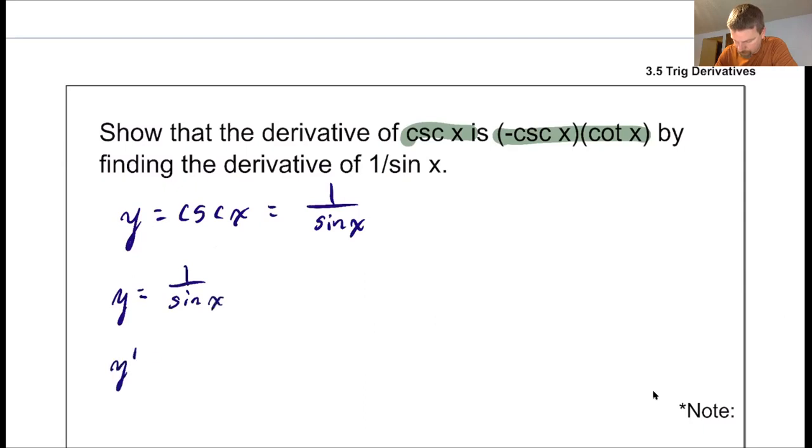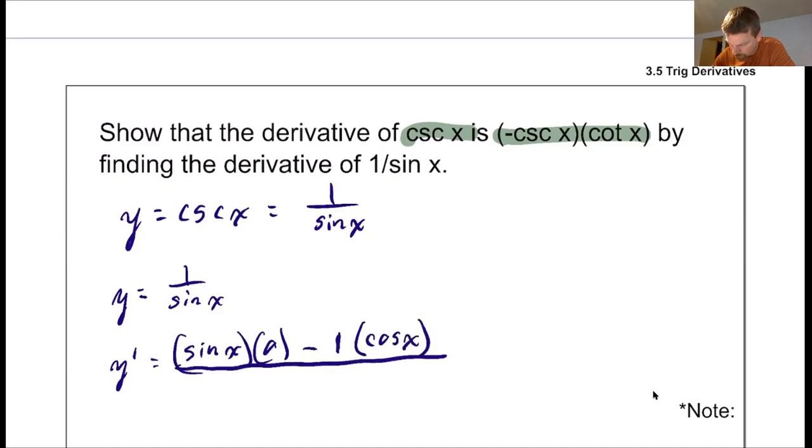Let's find y prime. Well, that's a quotient. So if I wanted to do the quotient rule, it's low d high minus high d low. So low is sine of x. D high, the derivative of 1 is 0. Derivative of a constant is 0. Minus high d low, high is 1, times the derivative of sine is cosine.